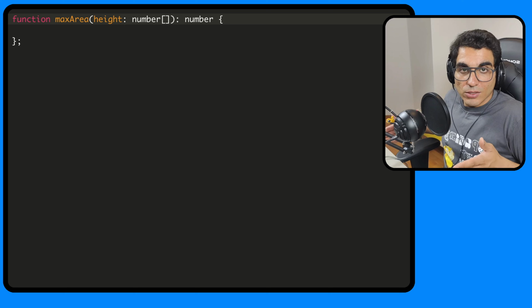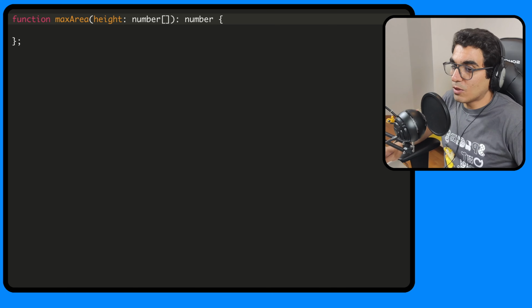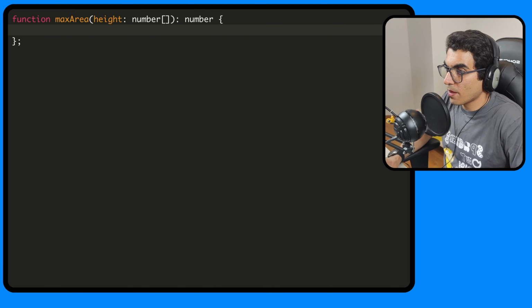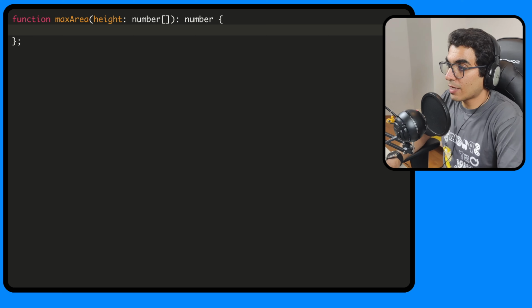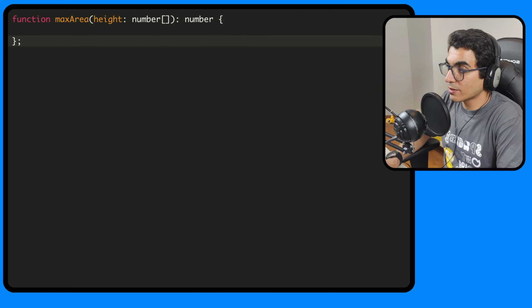So as always, we're going to implement this with TypeScript. Let's jump to the code and see what we mean by that. So we're going to store the maximum, and for that, we're going to use destructuring of JavaScript.